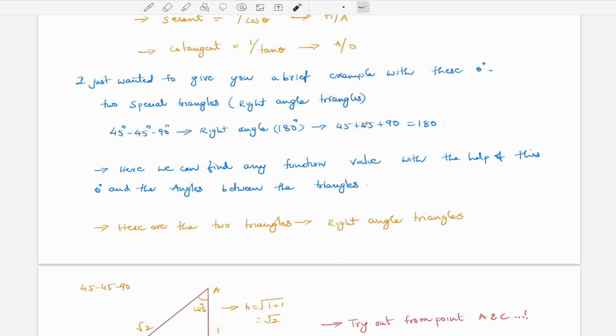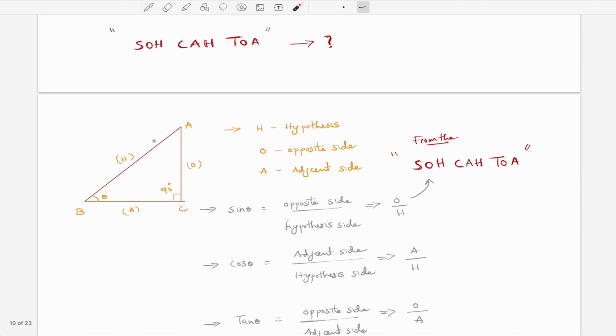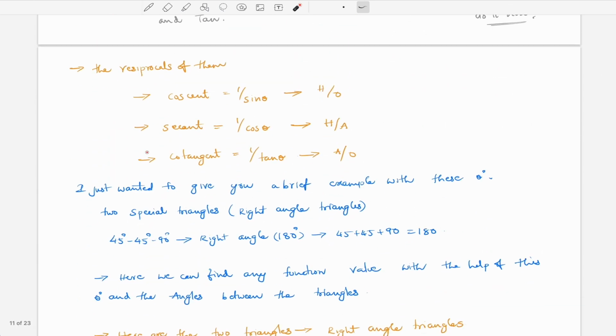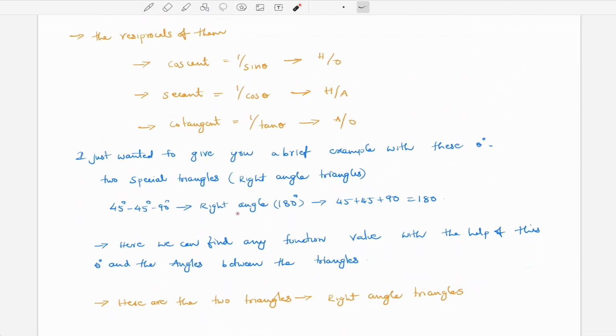We have the 45, 45 and 90 right angle triangle. 45 plus 45 plus 90 is equal to 180, the total of the angles.